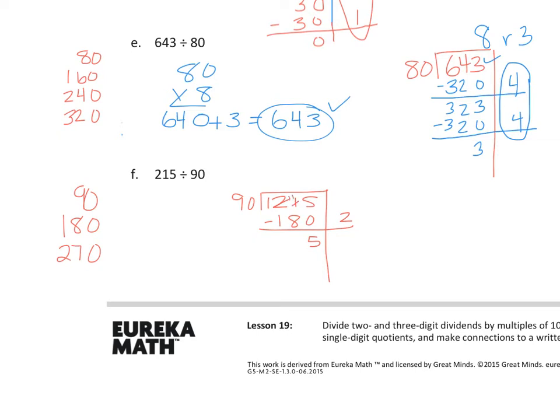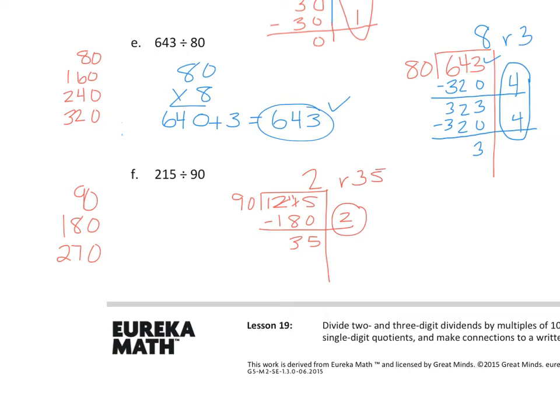So I got 11 minus 8, which is going to be 3. And then 1 minus 1 is nothing. So 35 is what's left over. I cannot divide 35 by 90 because 35 is smaller. So I have my quotient, which is 2, with the remainder of 35.